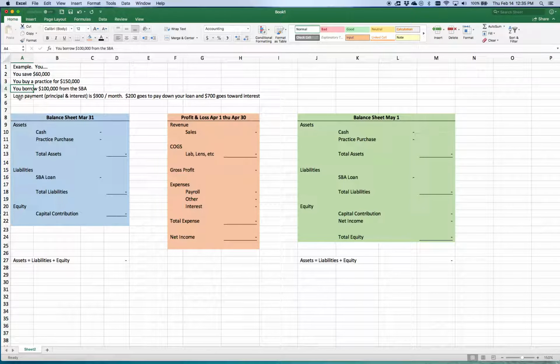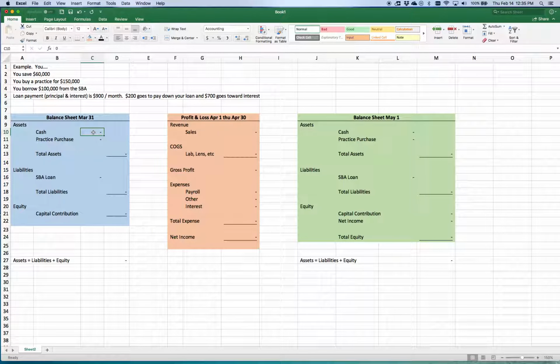Your loan payment is going to be $900 a month. That $900 includes both principal and interest. Of that $900, $200 is going to pay down your loan, which is the $100,000, and the other $700 goes toward interest. So how is this transaction going to look on a balance sheet?